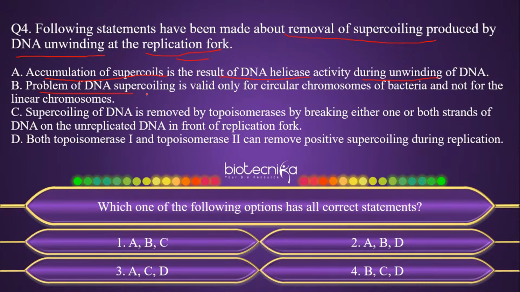Problem of DNA supercoiling is valid only for circular chromosomes of bacteria but not for linear chromosomes. Supercoiling of DNA is removed by topoisomerases by breaking either one or both the strands of DNA. Both topoisomerase 1 and 2 are involved in positive supercoiling.